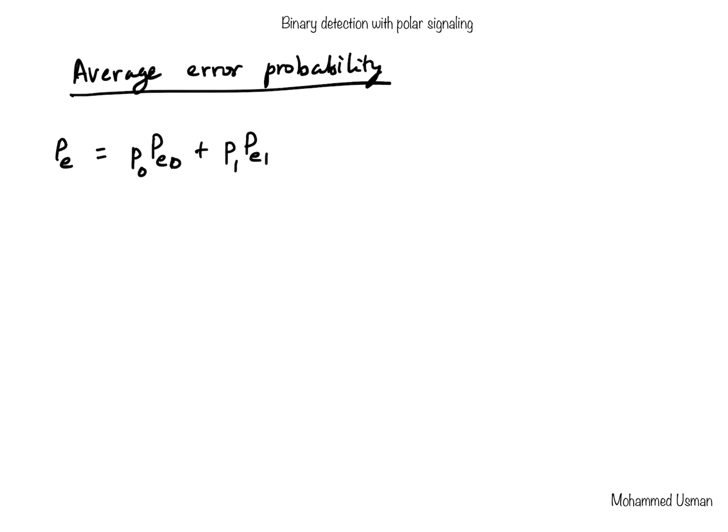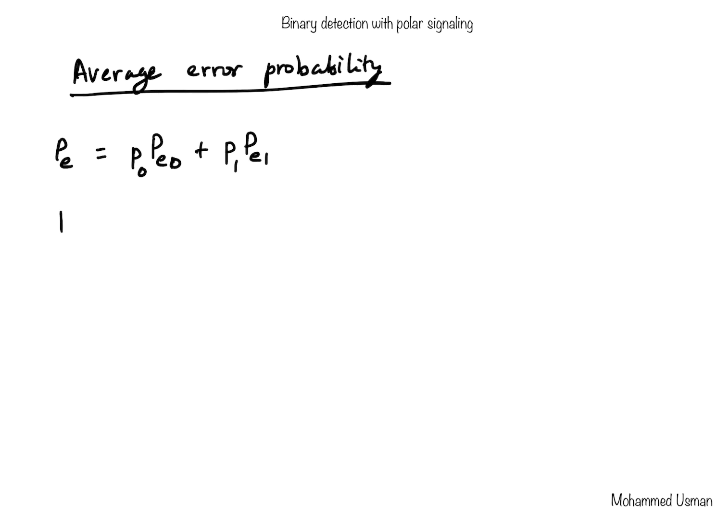So we have already chosen our threshold by assuming that the probability of transmitting 0, that is P0, and P1 are the same. That is, the bits 0 and 1 are equally likely to be transmitted.